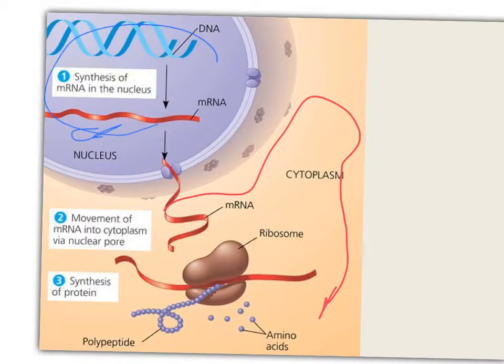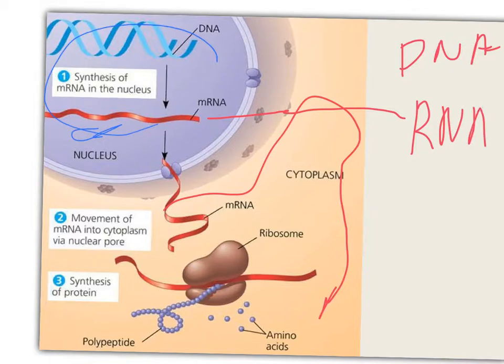So what happens is the DNA has to be transcribed into a single strand of RNA. So you go from DNA to right there, RNA, and this is mRNA, which means messenger RNA.